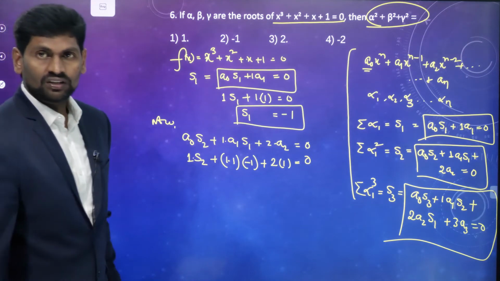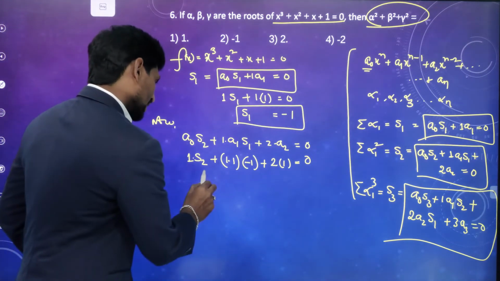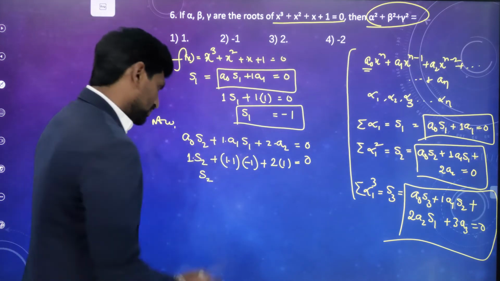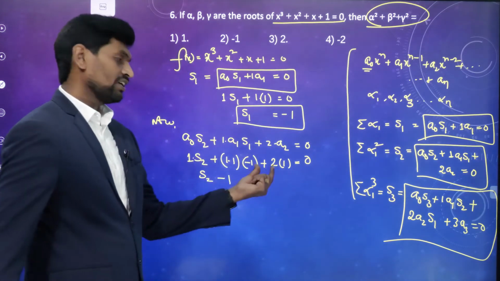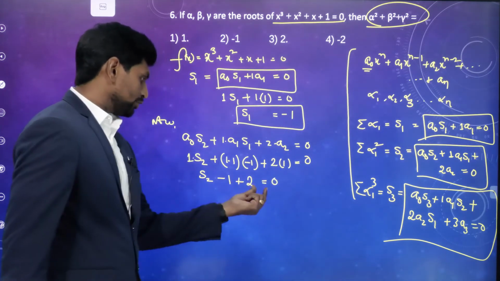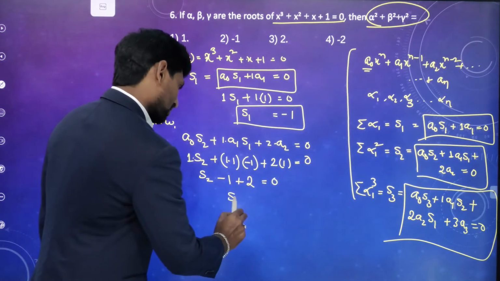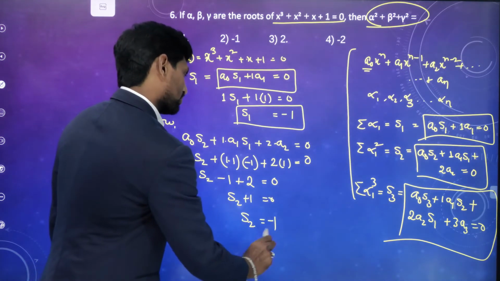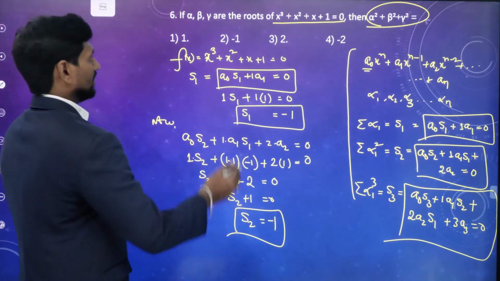Simplifying: 1 into S2 is S2, 1 into minus 1 is minus 1, plus 2 ones are 2. Here we can cancel: 2 minus 1 is plus 1. That means S2 plus 1 equals 0, S2 equals minus 1. Therefore the answer is minus 1.